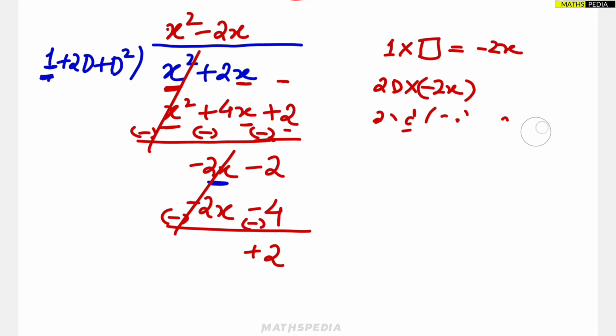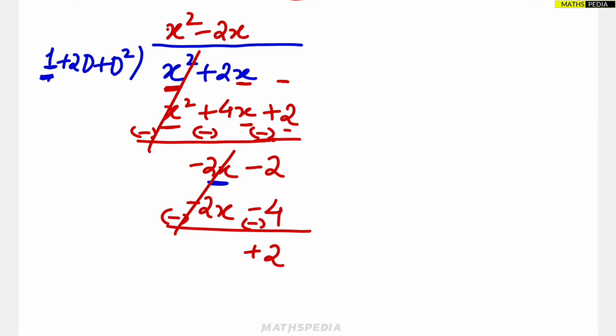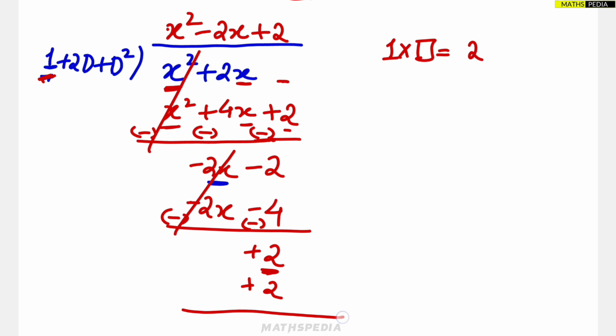Now let us go for the third stage where we have to take care again of 1 here. Here the element is 1. Sorry, 1 and 2. So 1 into what will give you 2? So 1 into plus 2 will give me plus 2. Now what do you have to multiply? 2 has to be multiplied with 2d as well as d square. So 2d into 2.